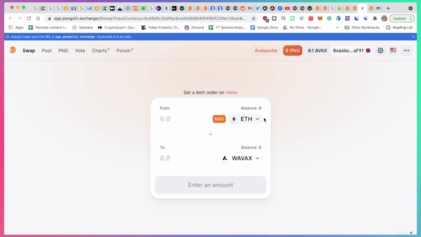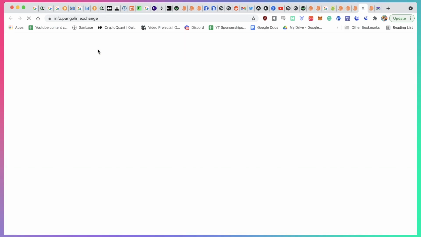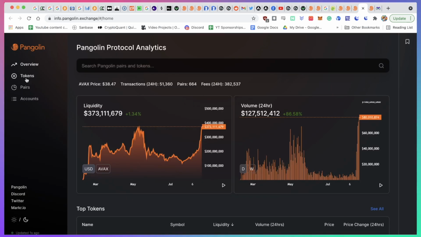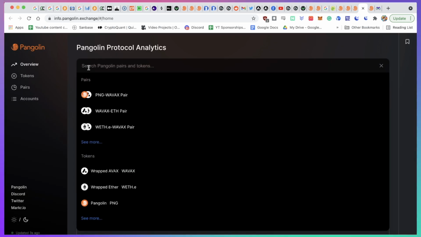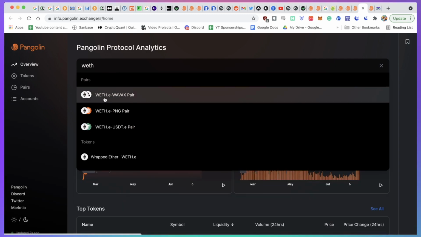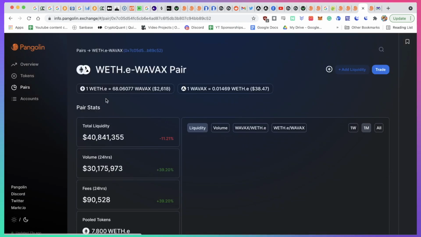Not really sure what this is. Anyway, the way that you have to do it is you just click on charts and then you will actually search here for wrapped ETH, and you're going to have to take the wrapped ETH.e of Avax pair because this is the one that you want.